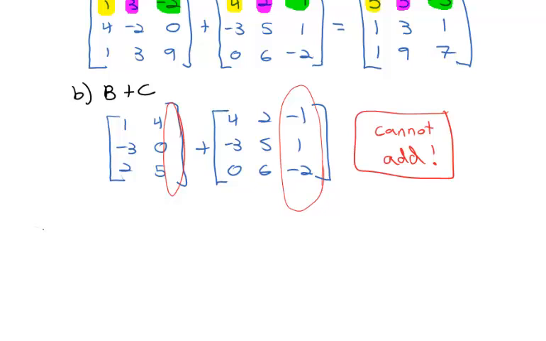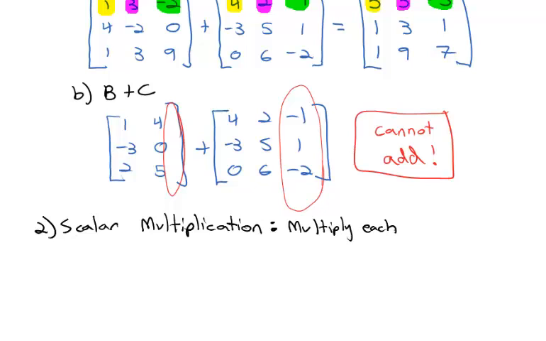The next thing we're going to do with matrices is what is called scalar multiplication. With scalar multiplication, we are going to multiply each entry by the scalar, which is another fancy way of saying a constant, or just a number.